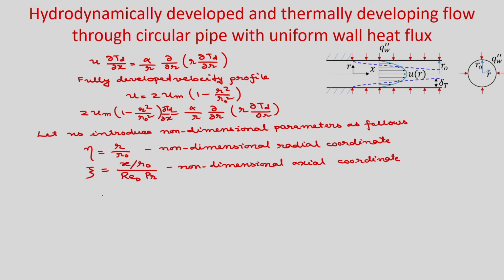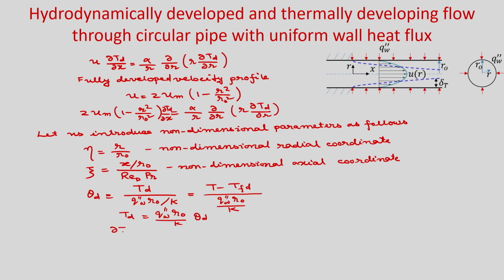And the non-dimensional temperature θ_d we define as T_d divided by q_w'' r_0 by k, where T_d is nothing but T minus T_fd. So if you put all these values, you can write T_d equals q_w'' r_0 by k into θ_d.